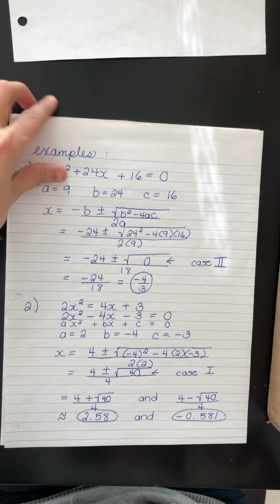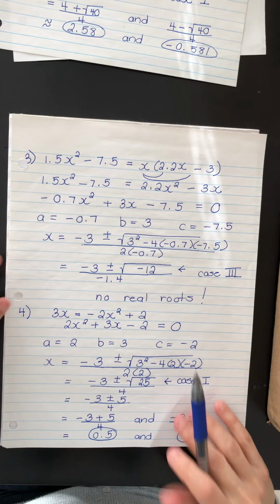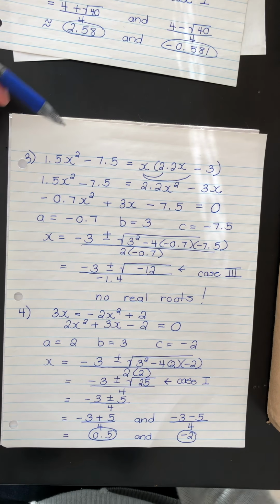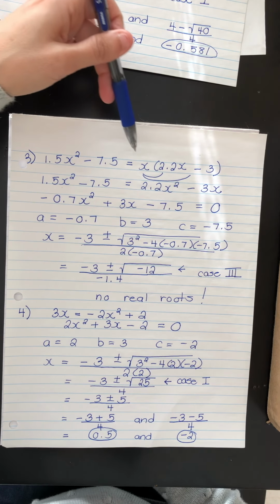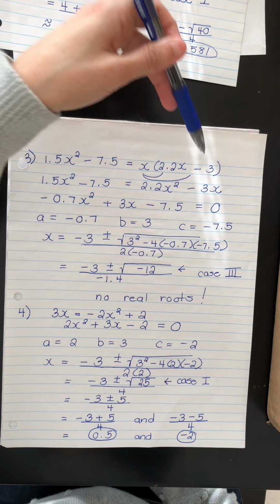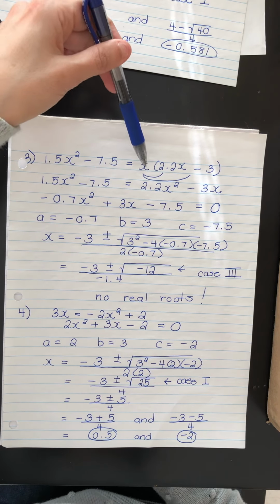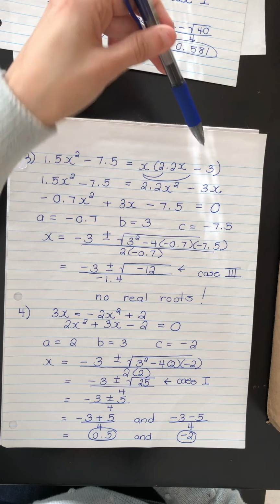Okay, here is example 3. 1.5x squared minus 7.5 is x times, here in the bracket, 2.2x minus 3. Again, we're looking for a perfect quadratic form. So first, we're going to open this bracket up carefully.